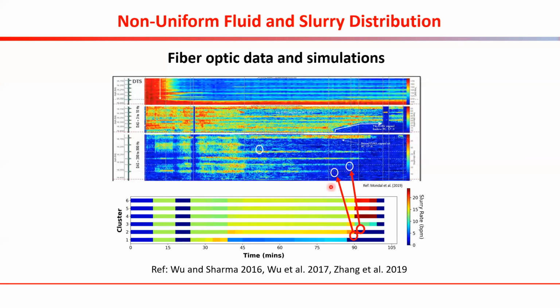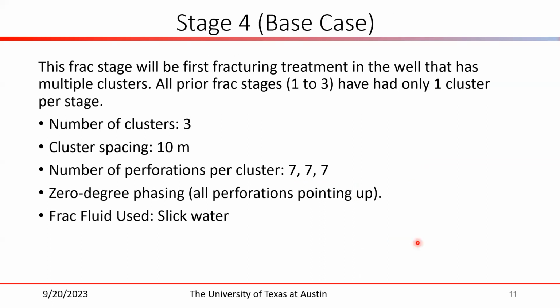So in this DAS data from 2016, you can see that basically the perforations towards the toe go quiet after some time, and you really don't see much sand going there after a certain time, after it screens out. And there are several papers that we have on this that we can certainly point you to.